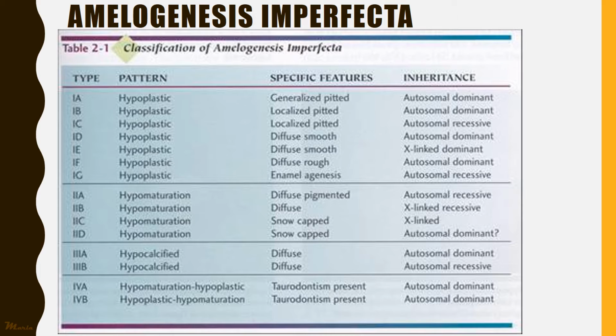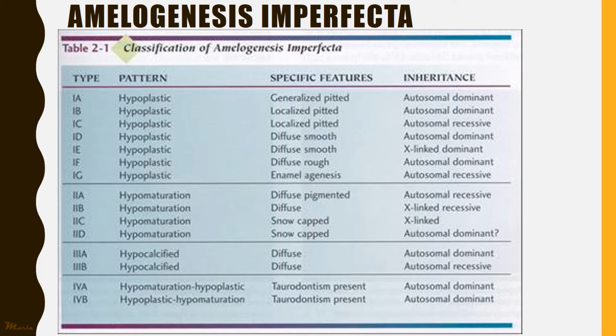As you can see here in this table, type 1 amelogenesis imperfecta is further subcategorized into 7 subtypes ranging from A to G. All these types are hypoplastic in nature. However, they have a different mode of inheritance and show different clinical features ranging from generalized pitted to localized pitted, diffuse rough or diffuse smooth, or at times total absence of formation of enamel.